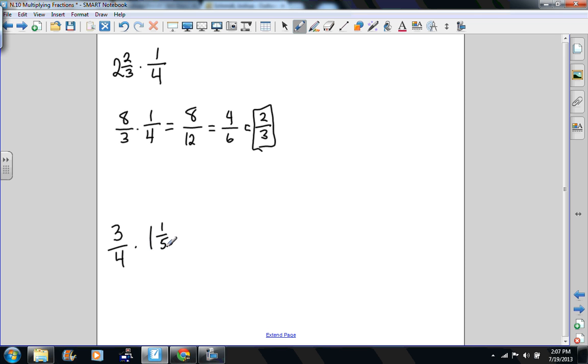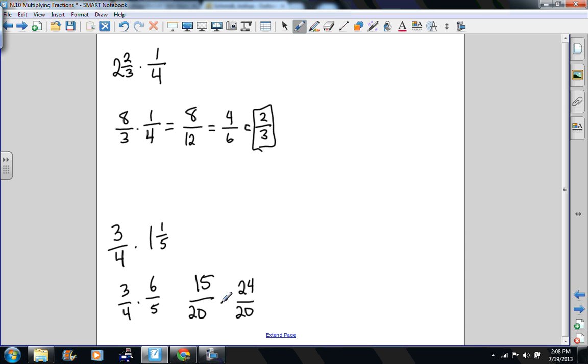Same process on the bottom. We need this as an improper fraction. 1 times 5 is 5, plus 1 gives us 6 over 5. This is 3/4. And I want to show you something real quick. Let's say we forgot that we didn't need common denominators. So we found a common denominator of 20 for these, which you do not have to do. This becomes 15. This becomes 24.